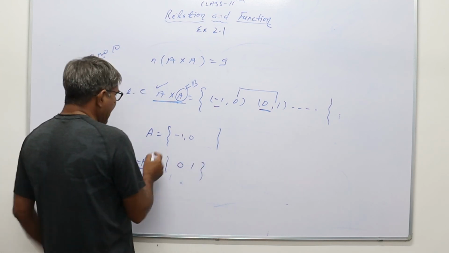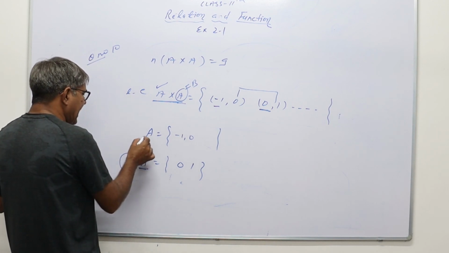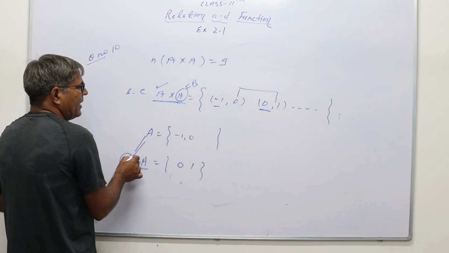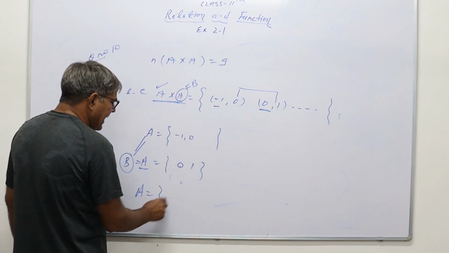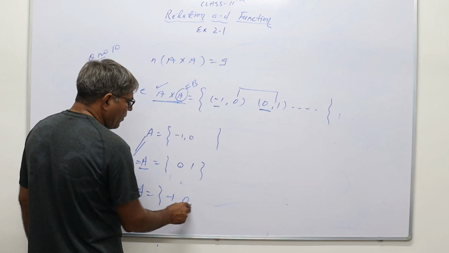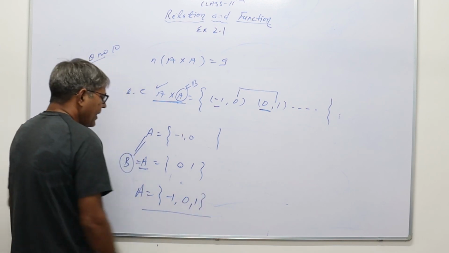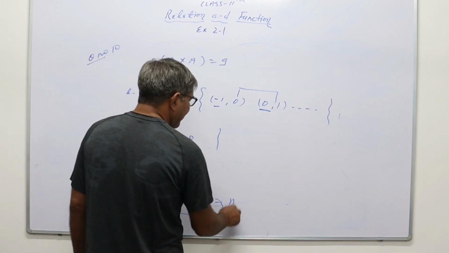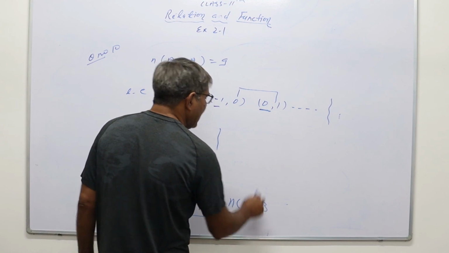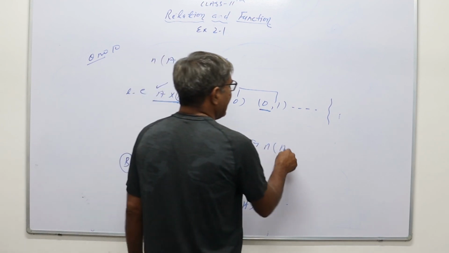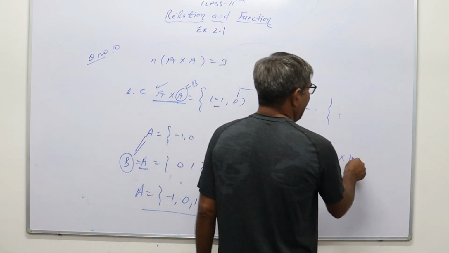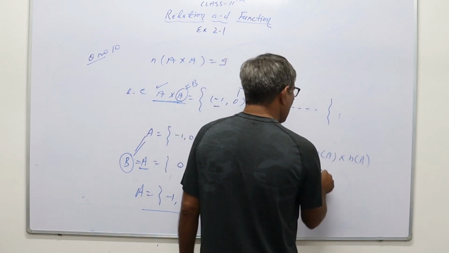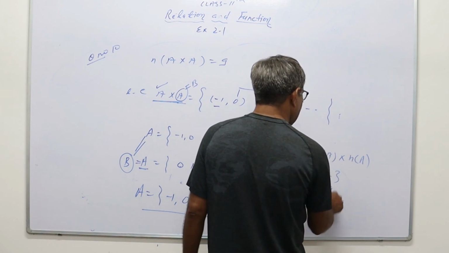Now these A and B are both the same set. So here 0 is repeated. So A may contain -1, 0 and +1. Implies that n(A) will be equal to 3. Implies that n(A cross A) will be equal to n(A) multiplied with n(A). So 3 into 3, it will be 9.